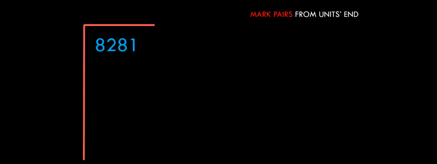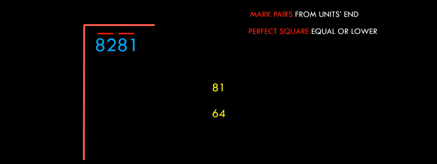First, we will mark pairs from unit's end, like this. Then we will find the perfect square which is equal to or lower than the first pair from the left, which is 82. The perfect square lower than 82 is 81.